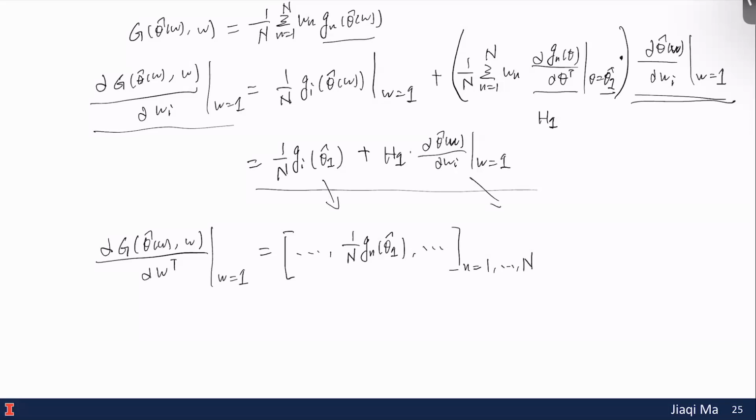And the second term is basically H1 partial theta hat W partial W transpose evaluated at W equals 1, right?